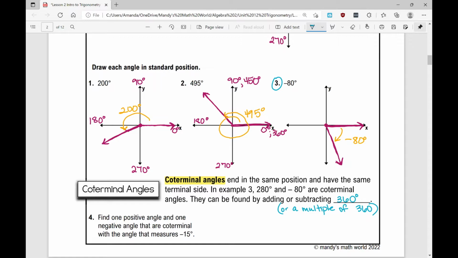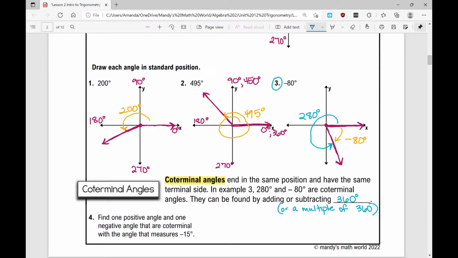So I'm just going to show you on here. If I have negative 80 degrees, if I were to go 280 degrees counterclockwise, so the positive degree measure, that ends in the same position. So let's say I were to show the angle 280 degrees in standard position on the coordinate plane.